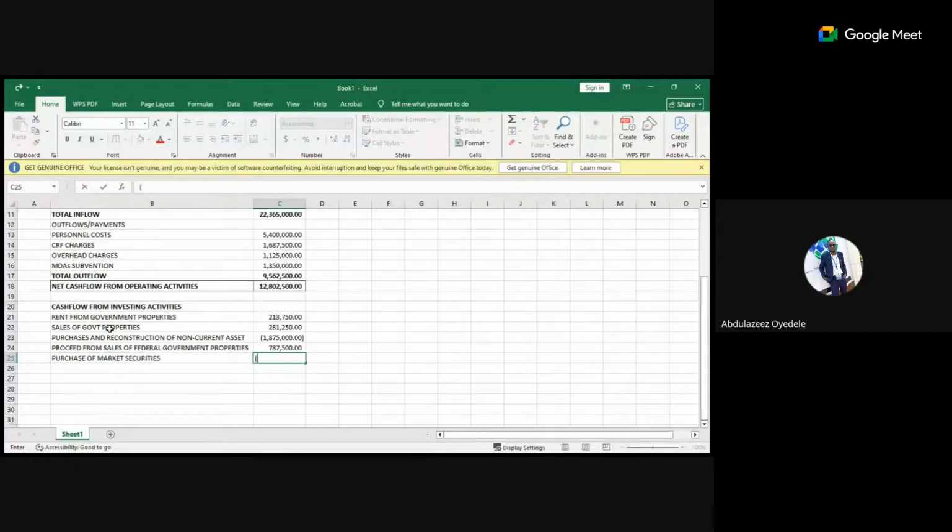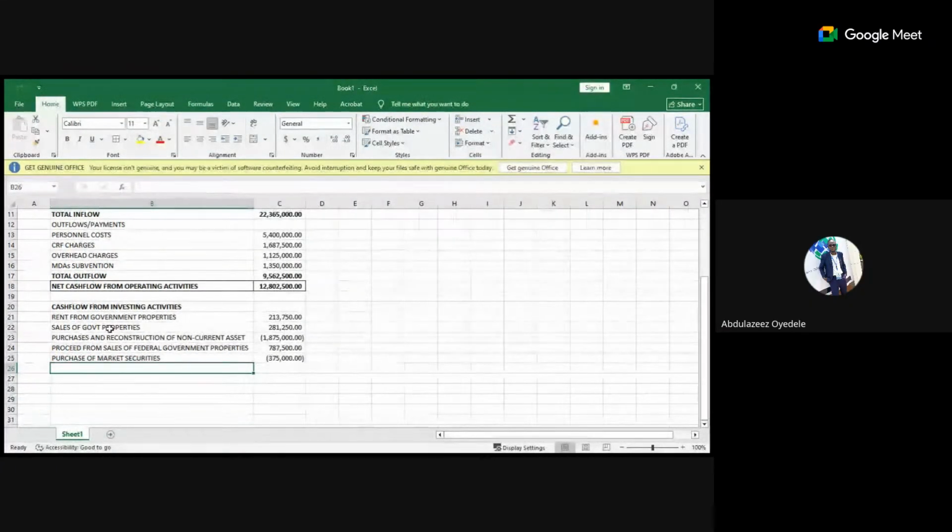So it's an investment, and so it's going to be an item under investing activities. And they are buying, which means they are paying out money. So in that case, it's an outflow. It's going to be in brackets. Also posted. Okay, good.